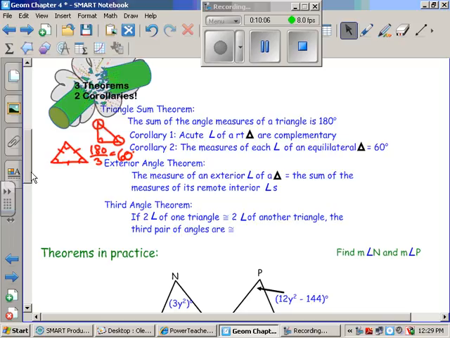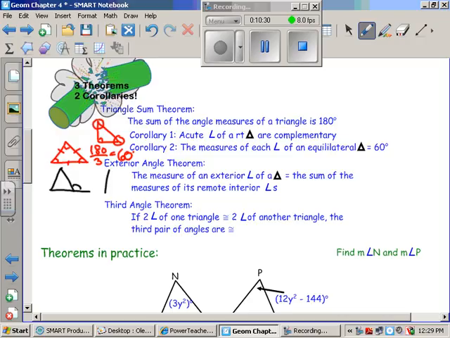This is called the exterior angle theorem. And remember, exterior means it's going to be on the outside of the triangle. And you form exterior angles just by extending one of the sides. So if I extended this side out, the exterior angle would be here.